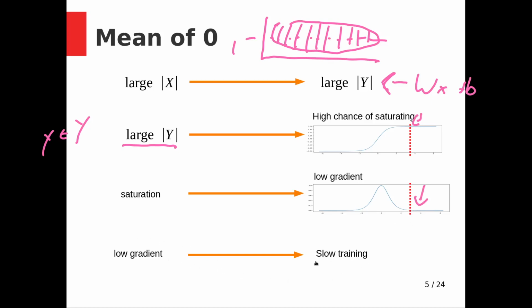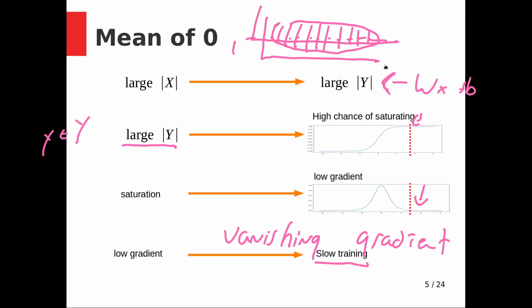And if we do that, we're going to see slow or no training because of the vanishing gradient problem, right? So offsetting x, right, so that the average becomes 0, makes us more likely to have smaller y, more likely to land in the good region, more likely to get a usable gradient.